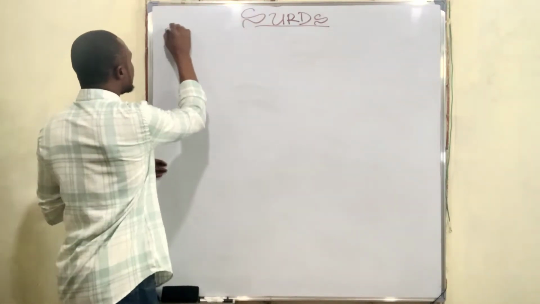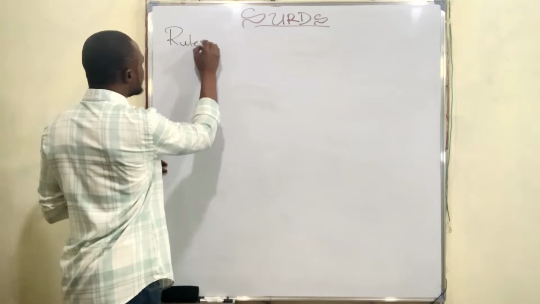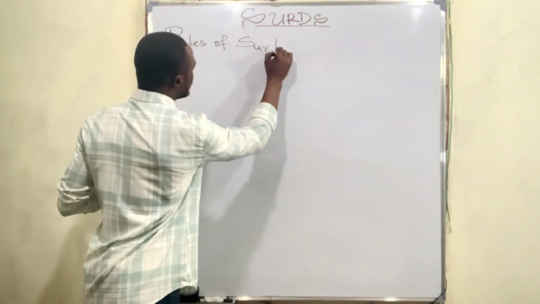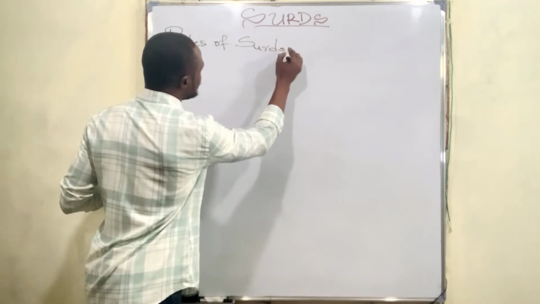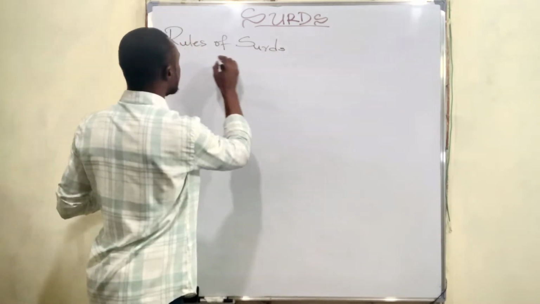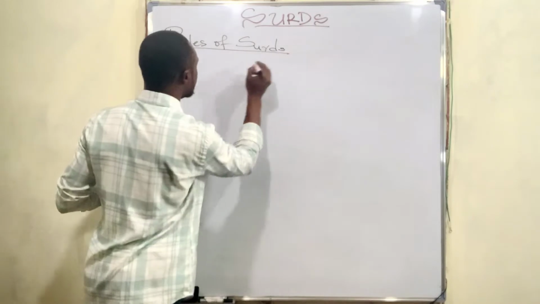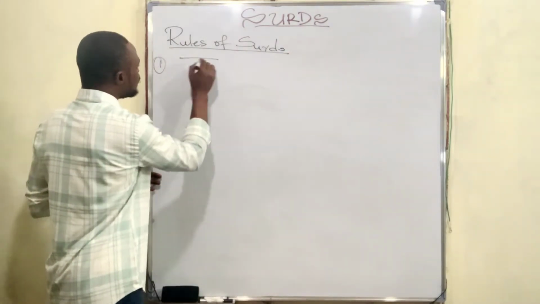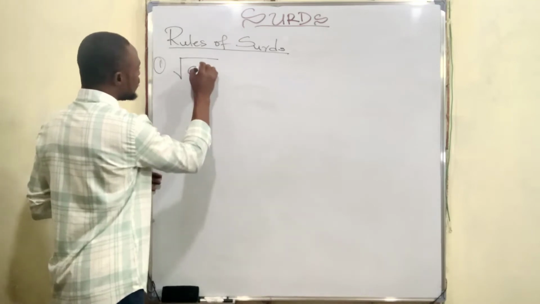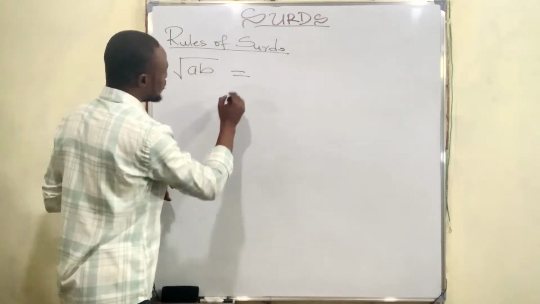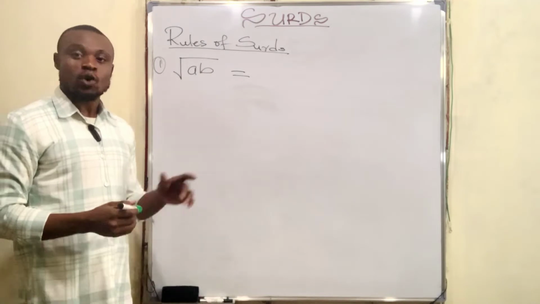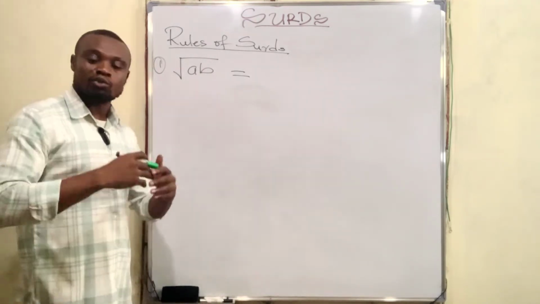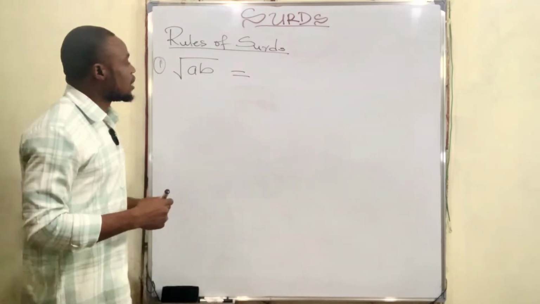So the first rule is, if we have the root of AB, where AB represents a particular number. It could be 12, it could be 20, it could be 30, and so on.